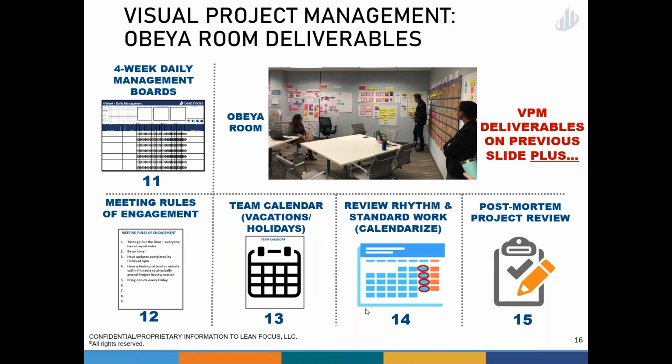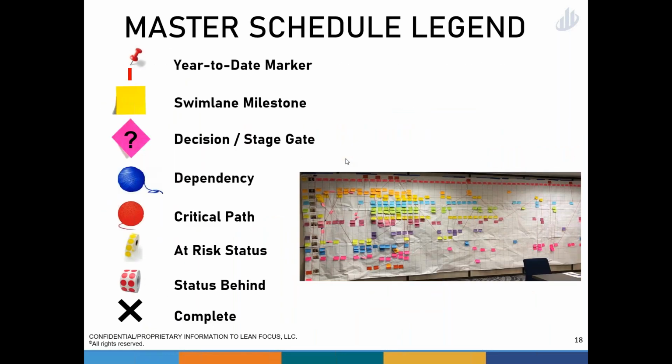The standard work around reviews and calendarizing those. And then the process for assessing what went well, what do we want to do different on future programs as a result of that. So these are a number of the key elements that we work with teams to develop over that 5-day workshop, and they can be implemented on subsequent programs.